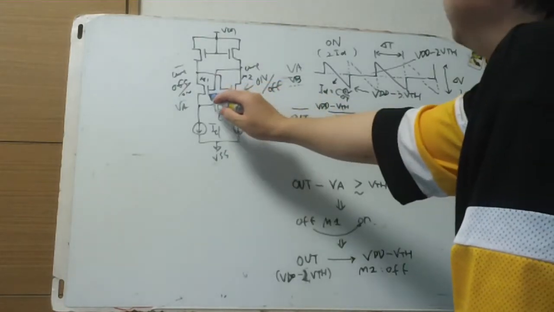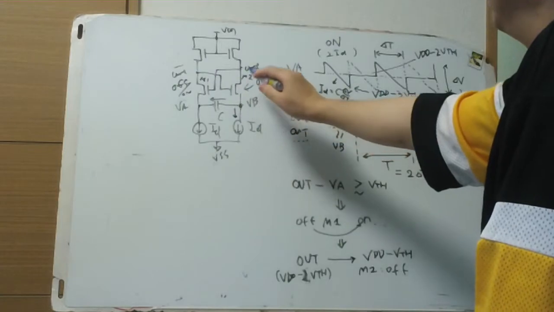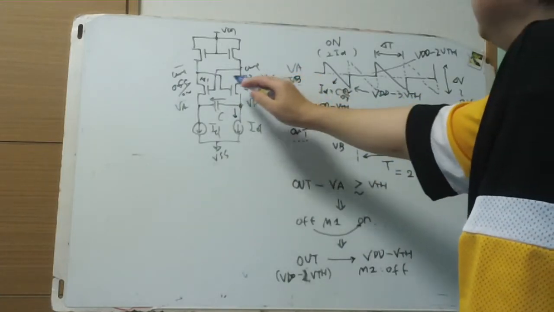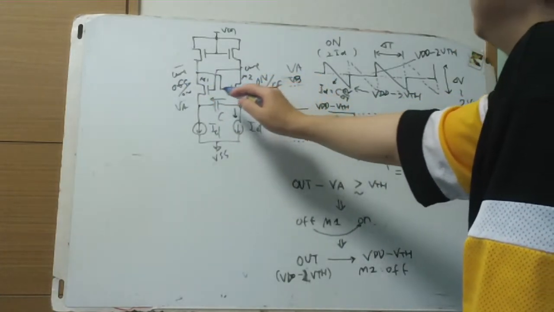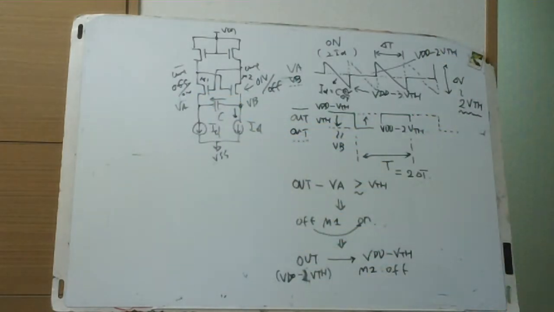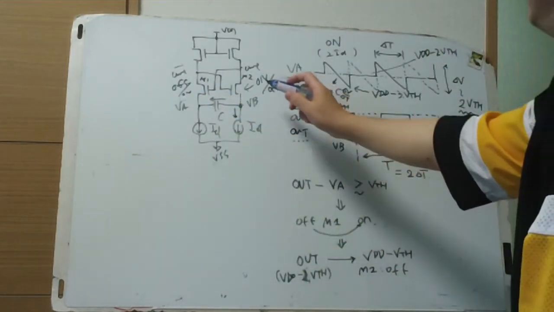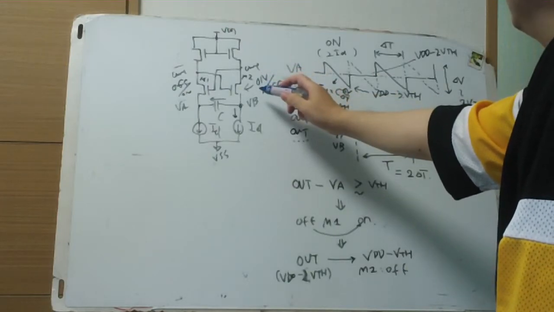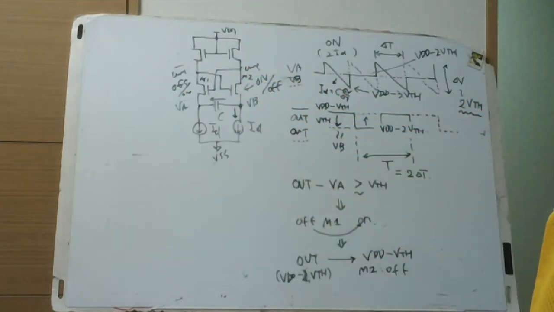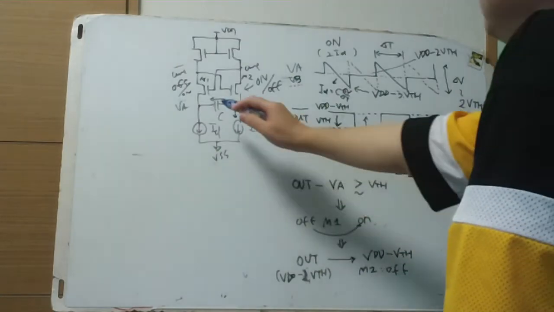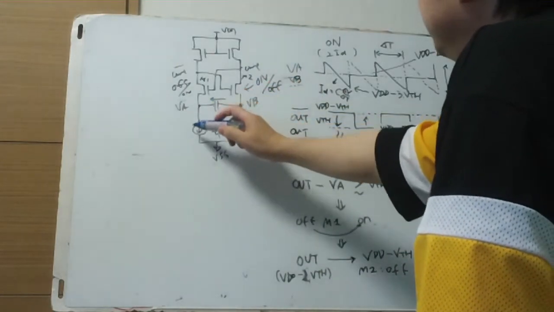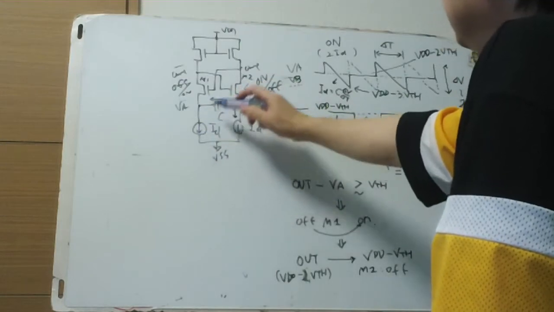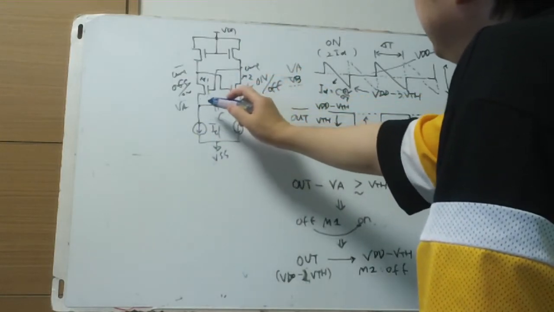I call this M1 and this M2. When this is on, this is off, and when this is off, that is on. First, M2 is on and M1 is off. The VA node is discharging current.